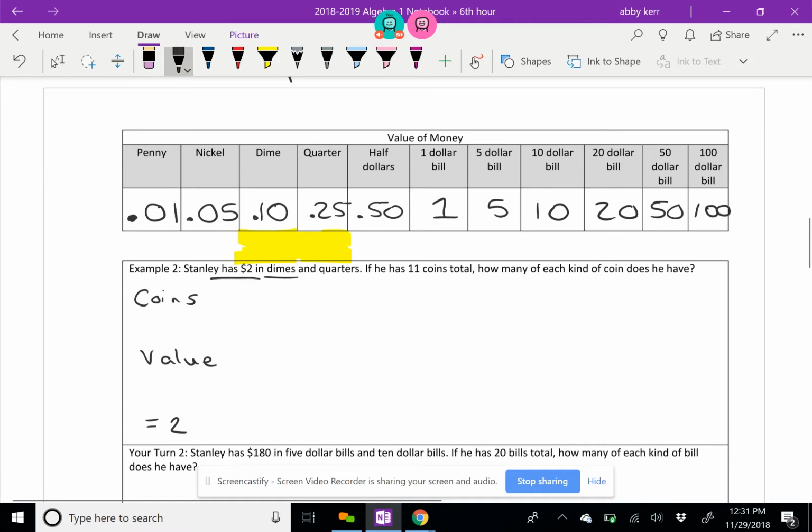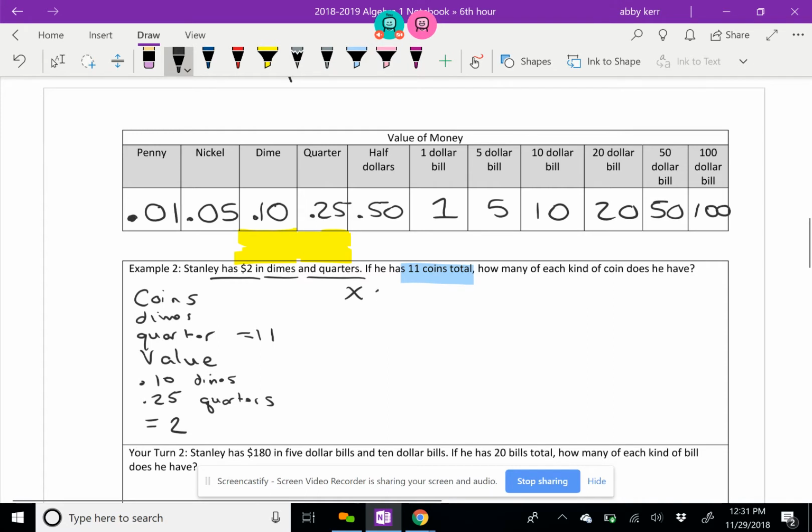And we know that he has dimes. So I'm going to put the 0.10 because it's dimes. And we care about the 0.25 because it says quarters. But now we know that he has dimes and quarters. But how many does he have? He has 11 total. So that's actually going to be our equal sign.